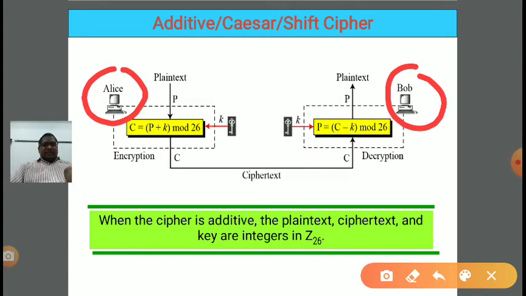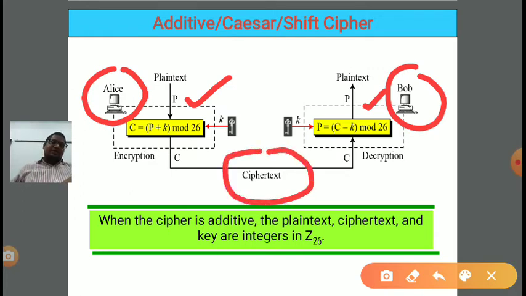Suppose here we have taken P as the plain text, and at the receiver after decryption it will again be obtained as P only. The message which travels in between is called the ciphertext.